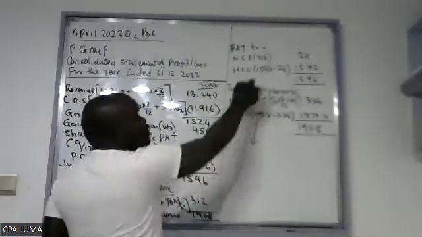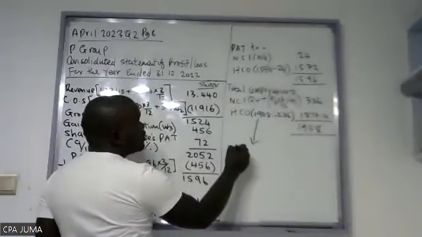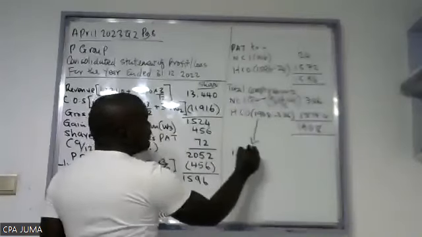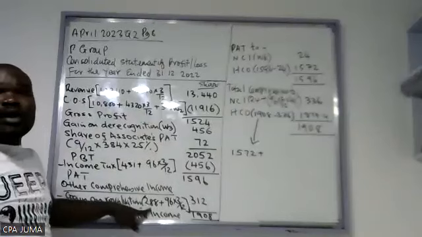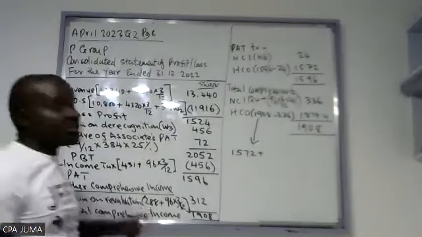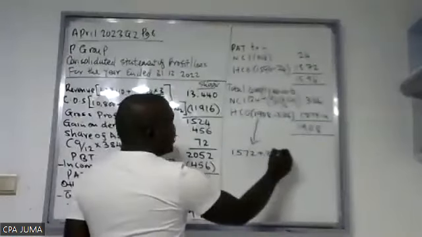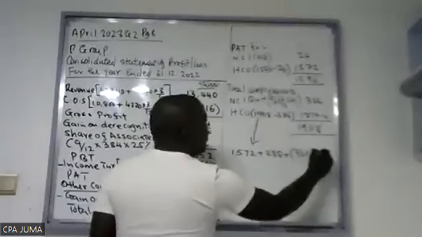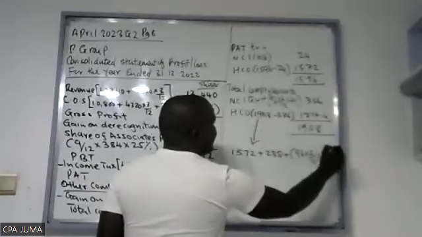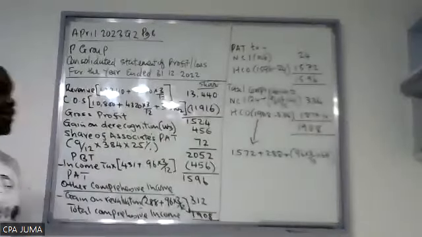It should be what they got on PAT: 1572 plus revaluation. You give them the whole amount of 288, so plus 288 plus 96. 96 is for 3 months, but they'll take 60%.